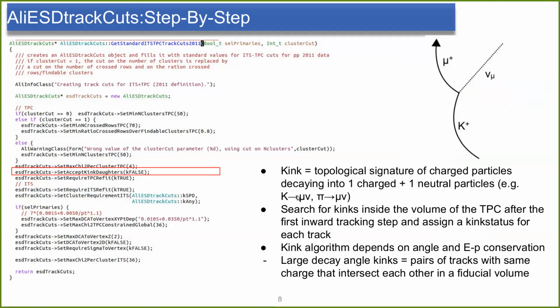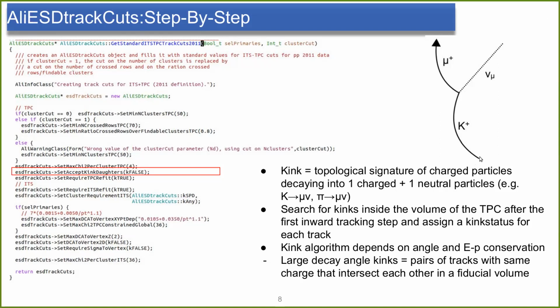The kaon has a positive charge, the muon has a positive charge, and the neutrino is a neutral particle. When we reconstruct the track, we generally assign a status to each track, whether the track is coming from a kink or not. We do it using a kink algorithm, which depends on the angle and the energy-momentum conservation. For example, if we have a kaon track in the TPC fiducial volume which further decays to mu plus and a neutrino, then we cannot see the neutrino.